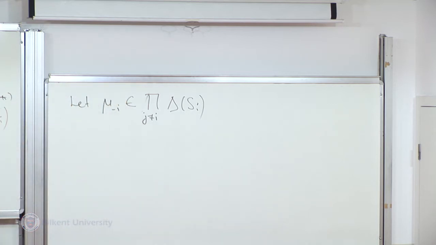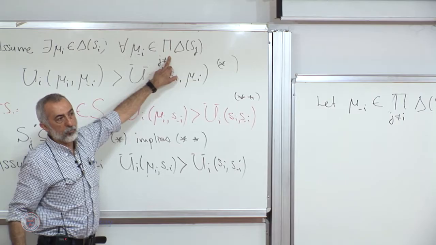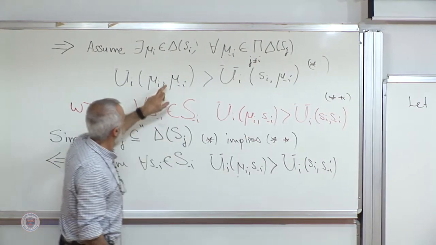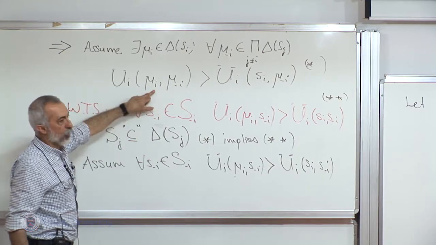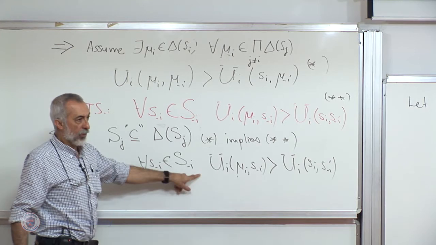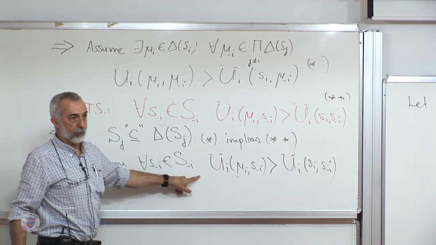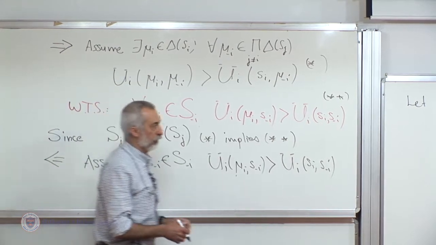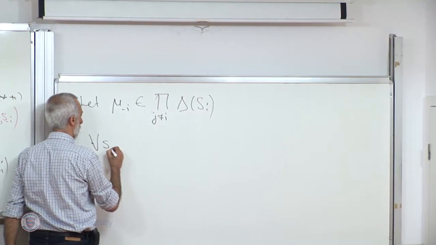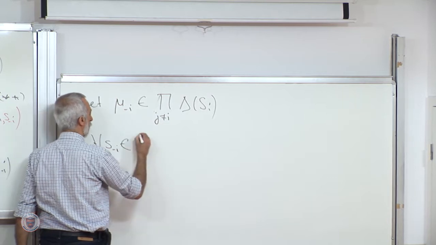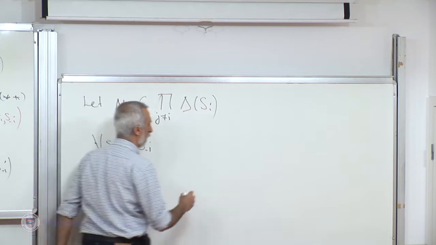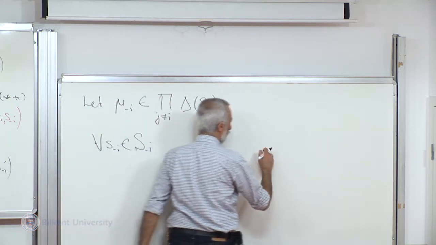So I took a mixed strategy profile of the other agents from this set. So that's what I want to show. So what do I do? Well, this is what we have. Okay? So what does that imply? Well, for any S minus I in capital S minus I, okay, what do we have? Let me write this part first.